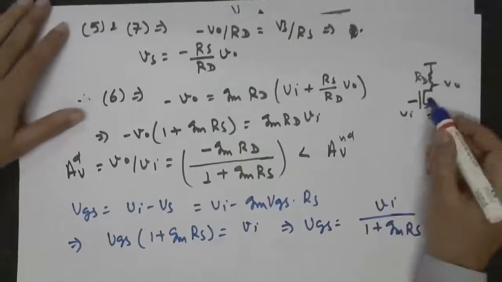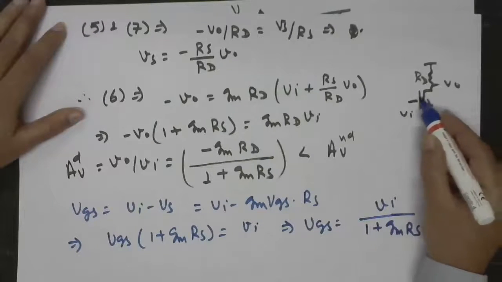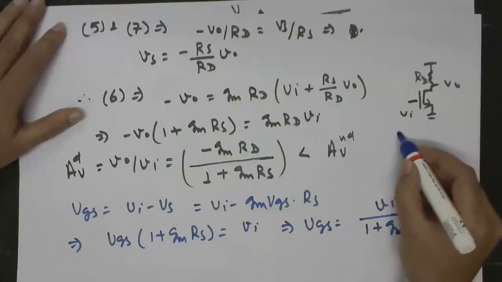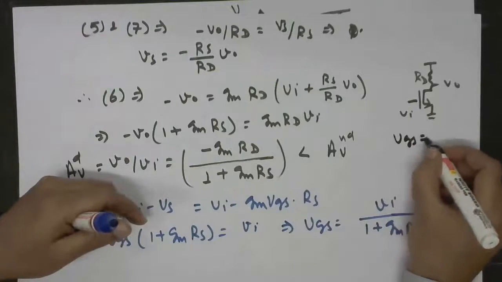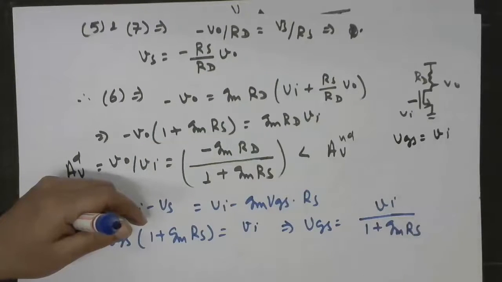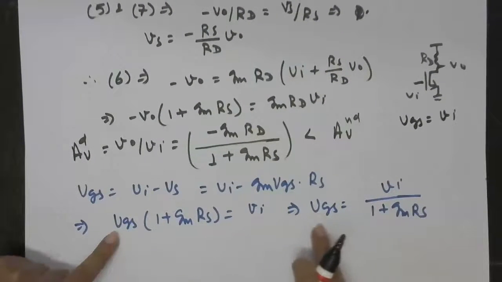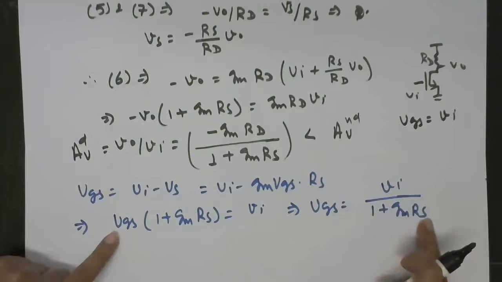Now if you take the non-degenerated case, if you see the model of this, the source is grounded and the gate is tied to the input. So in this case, your VGS is going to be equal to VI. But for the degenerated case, VGS is smaller by a factor of 1 plus GM RS.